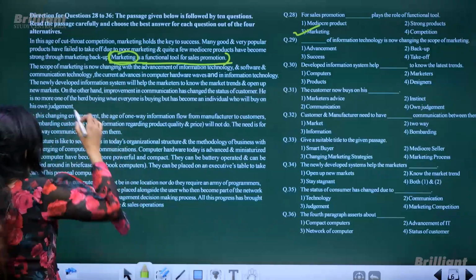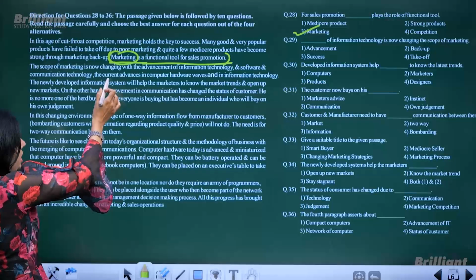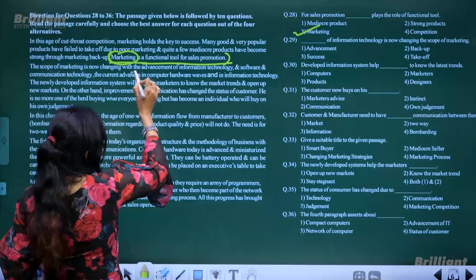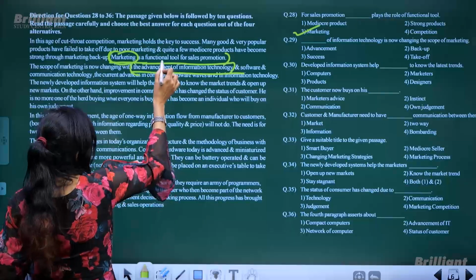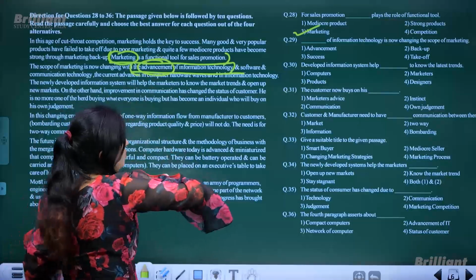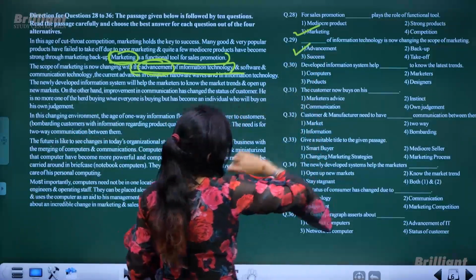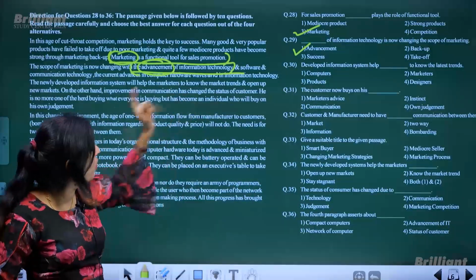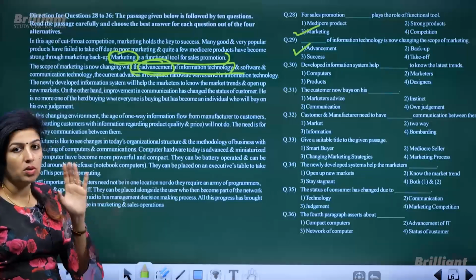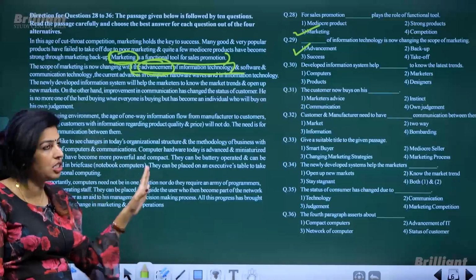See, the scope of marketing is now changing with the advancement of information technology. Which word is used? Advancement. So it is advancement of information technology which is now changing the scope of marketing. This also is taken exactly as such from the passage.